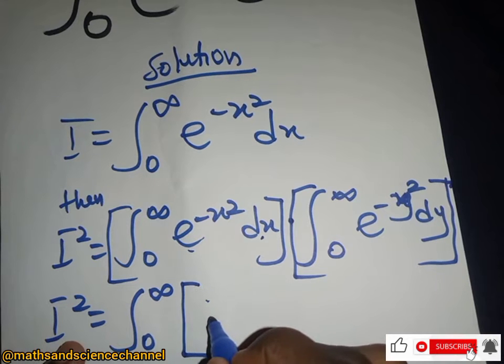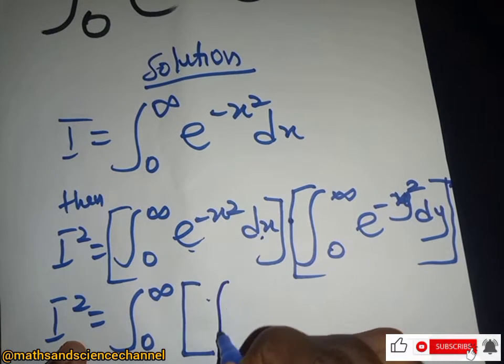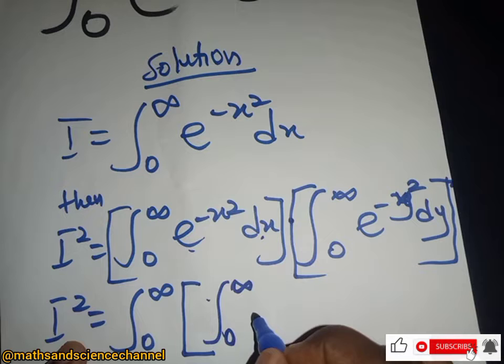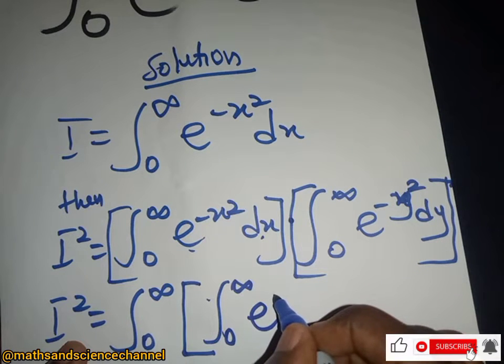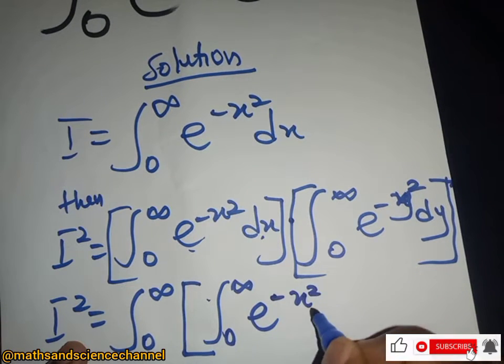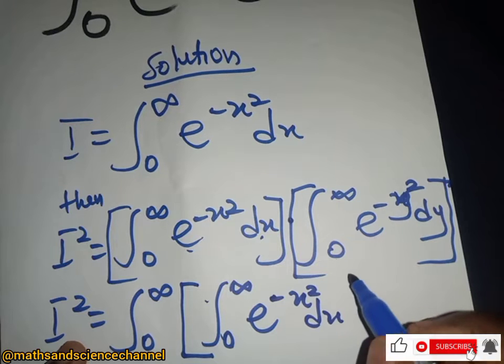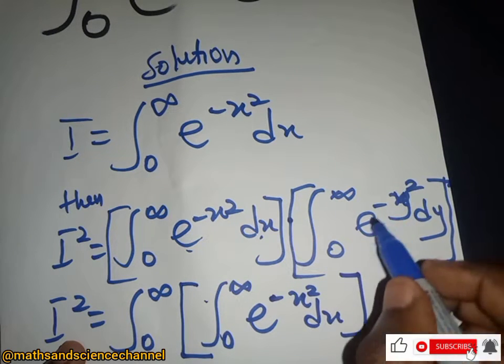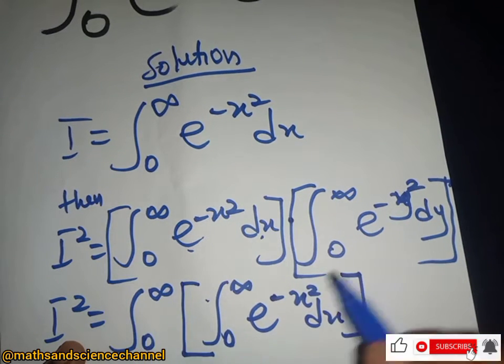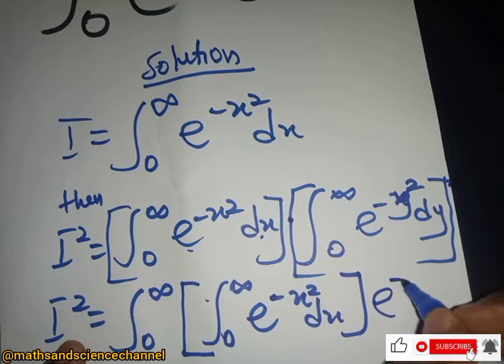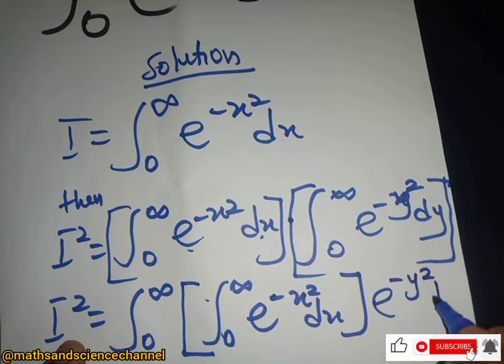So we have the integral 0 to infinity here, e exponent minus s squared dx here, right? And then what we are left with is this outside, so this also has to come outside, e to the minus y squared, and then the dy here.